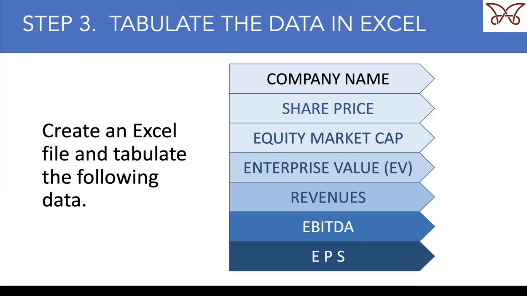The main information in comparable company analysis should include company name, share price, equity market capitalization, or equity market cap for short, net debt, which is the total debt minus cash on the balance sheet, enterprise value, or the EV, which is equal to the equity market capitalization plus the net debt, revenue, EBITDA, which is earnings before interest, taxes, depreciation, and amortization, and EPS, which is earnings per share.